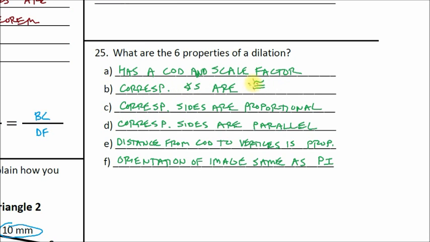Corresponding angles are congruent. We just saw that with AA. Corresponding sides are proportional. That means they have the same scale factor. Corresponding sides are parallel. Remember we discussed that in class about parallel sides when you use a dilation. The distance from the COD to the corresponding vertices is proportional.